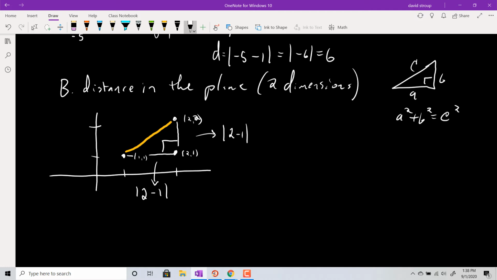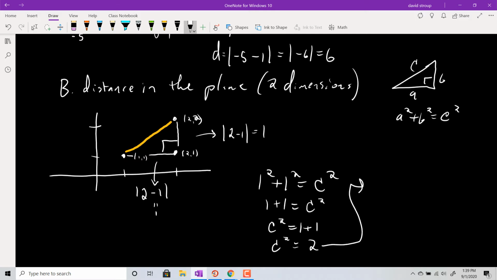The length of the first side is 1 and the length of the second side is also 1, so 1 squared is 1, 1 squared is 1, and c squared must be 2.